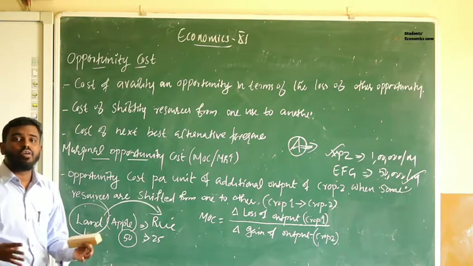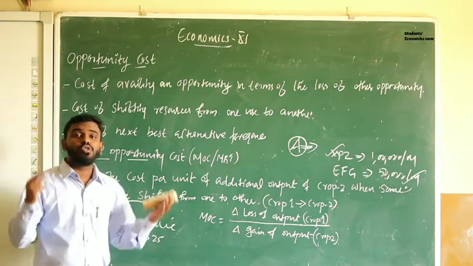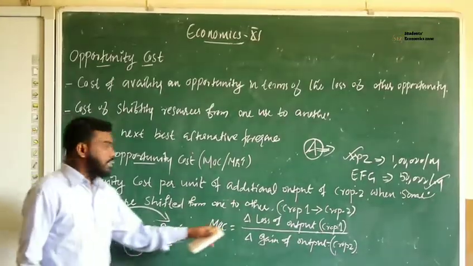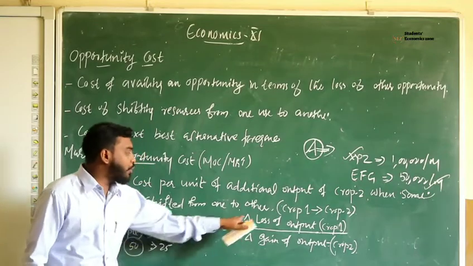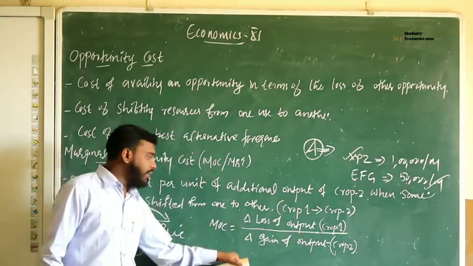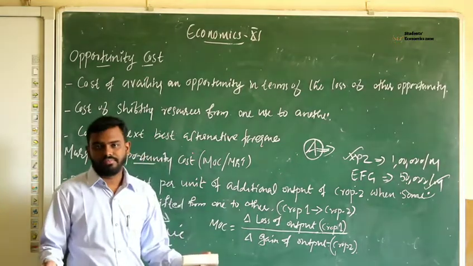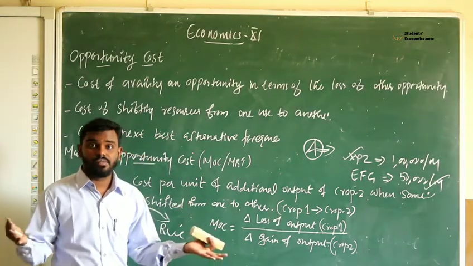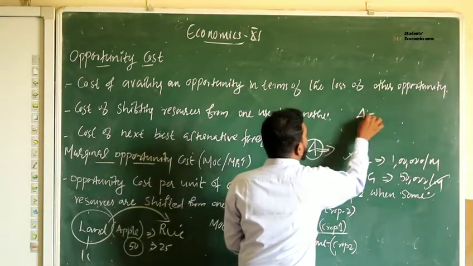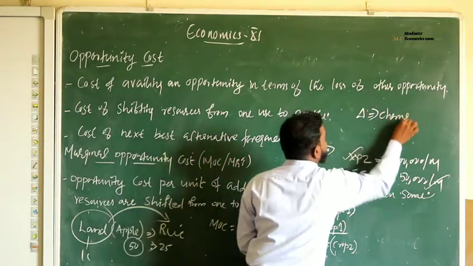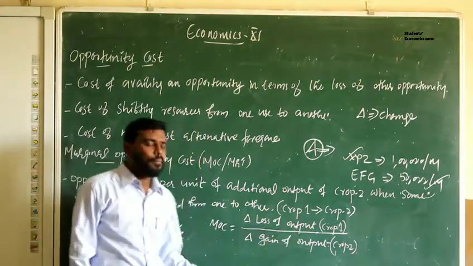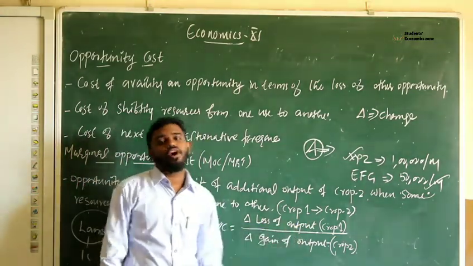Now we need to calculate the marginal opportunity cost, or MOC. MOC is equal to delta loss of output divided by delta gain of output. Delta means change. In mathematics we denote change with delta. So delta loss of output divided by delta gain of output.